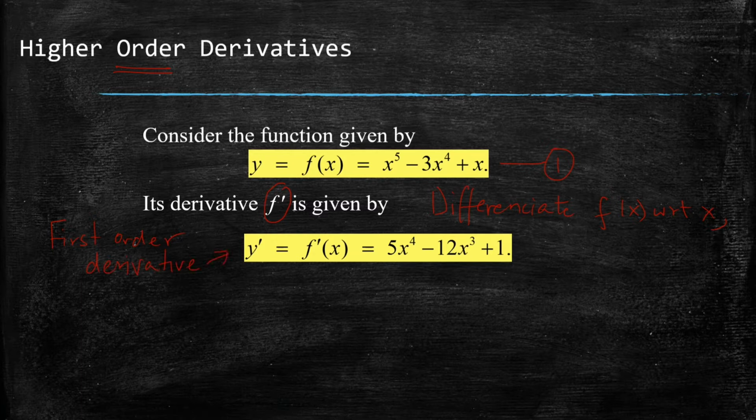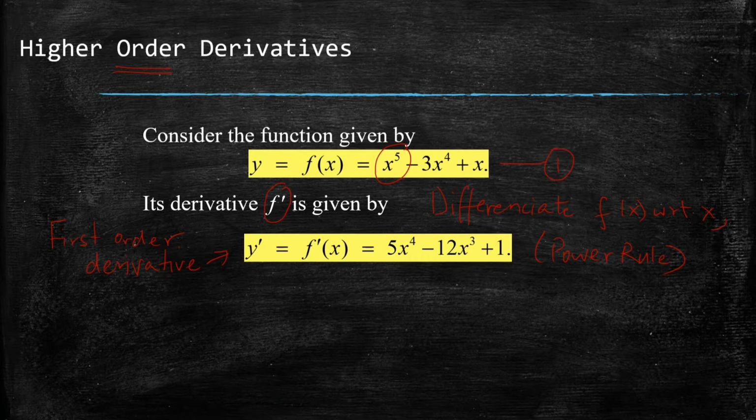So that will give you your y prime or f prime x, and here because your f(x) was a polynomial function, we will apply power rule to get the derivative. So the derivative of x to the power 5 is 5x to the power 4. The derivative of negative 3x to the power 4 becomes negative 12x cubed and plus 1.